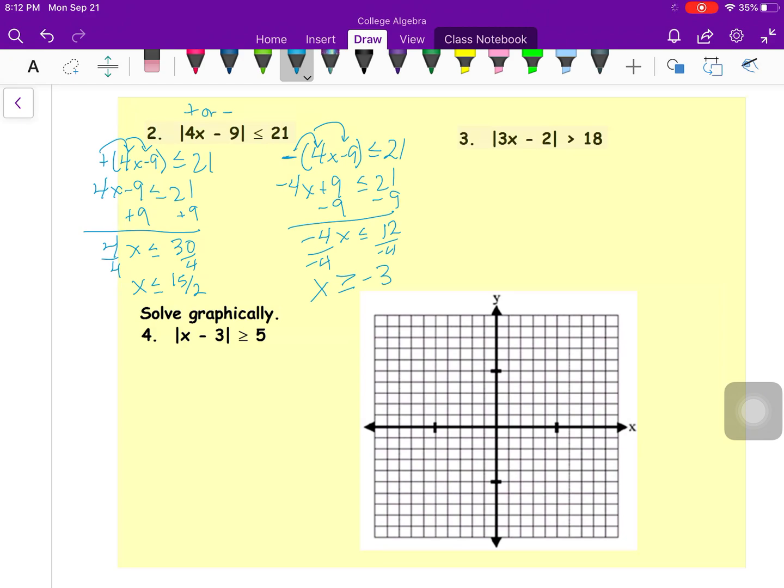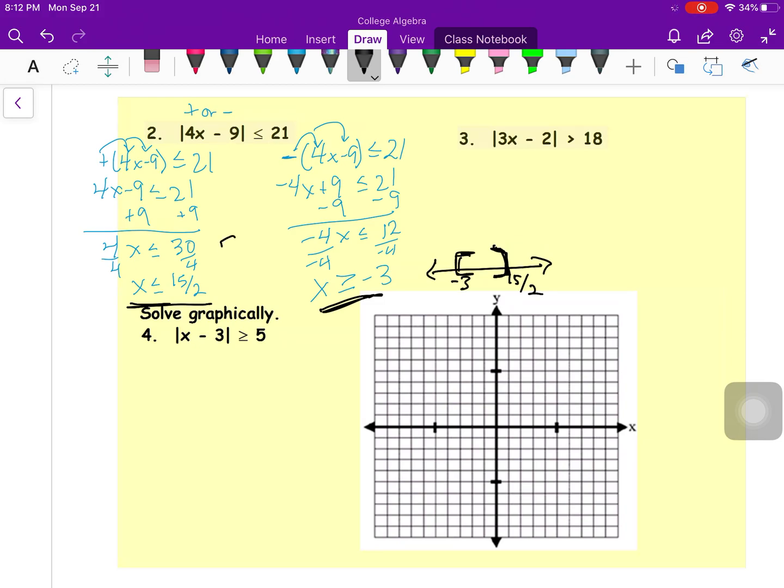So if I draw the graph of this, I have negative 3 to the left. I have 15 halves to the right. This says less than or equal to 15 halves, so it'll be like this. Brace. This one says my values are greater than or equal to negative 3, so it'll open to the right.